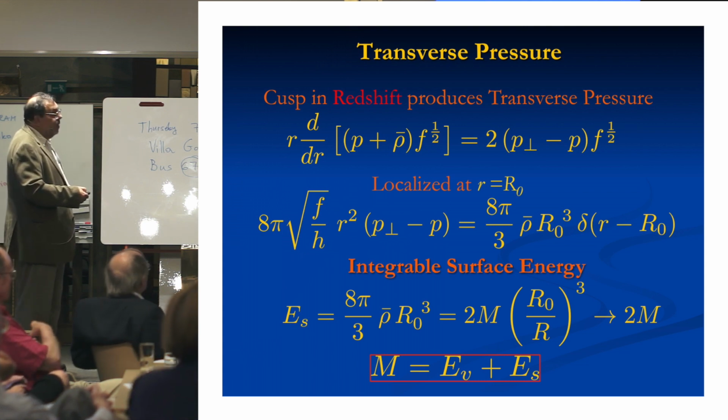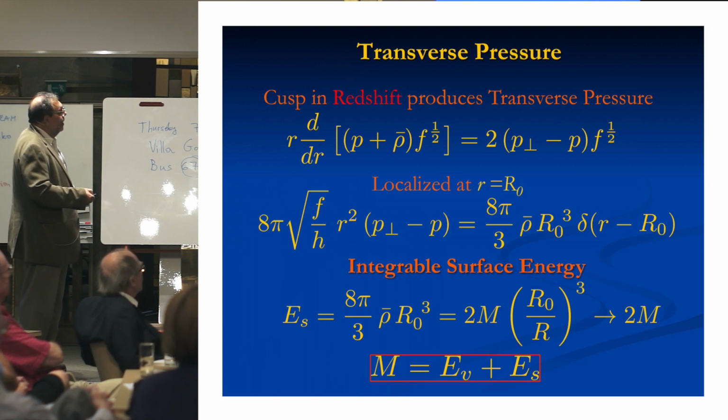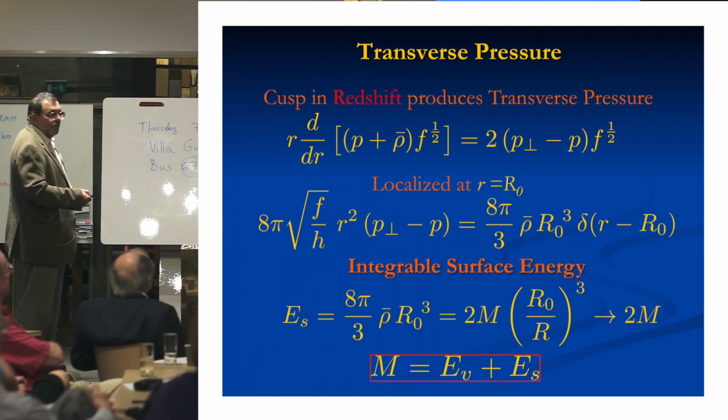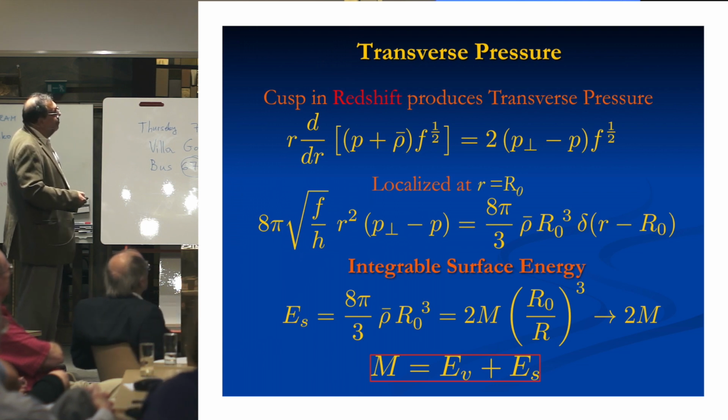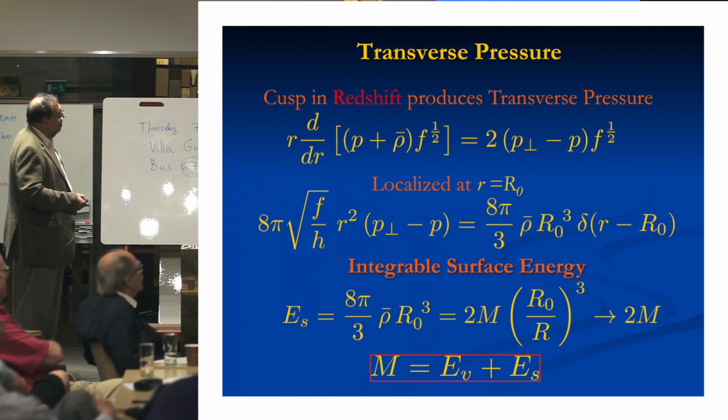So this is just a boundary layer. It's a delta function boundary layer with a surface energy, because of course the delta function is integrable, which is equal to this for the general case. And as R naught goes to R, this just becomes twice the mass of the object.